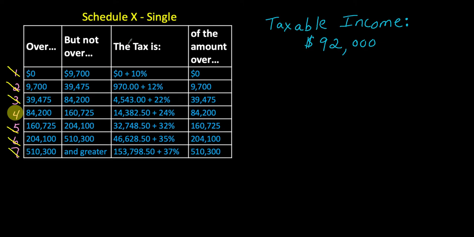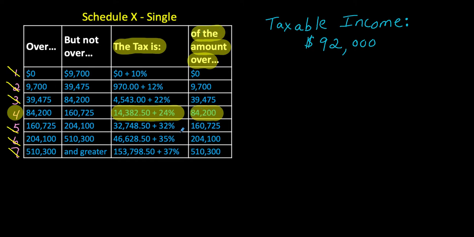Now I'm going to need to look at how to calculate my taxes using this row. It says the tax is, and then I go down to row 4. I'm also going to use this row here and this. So let me show you how to read that.